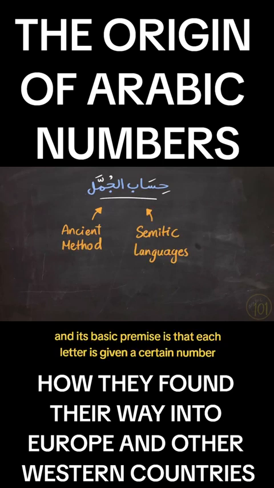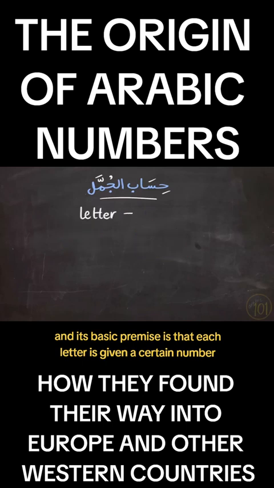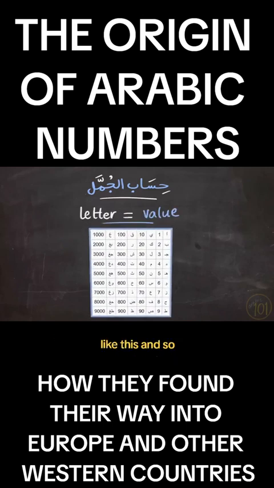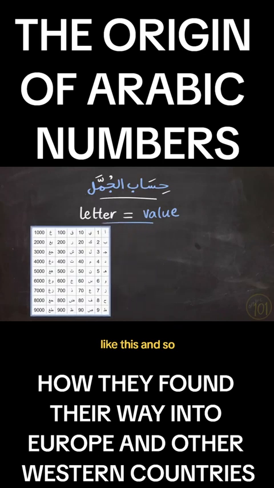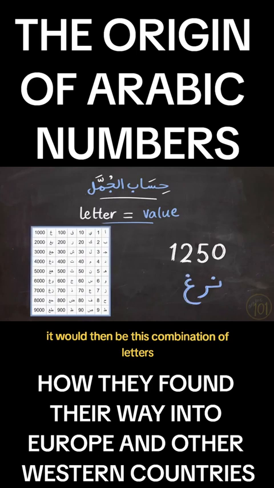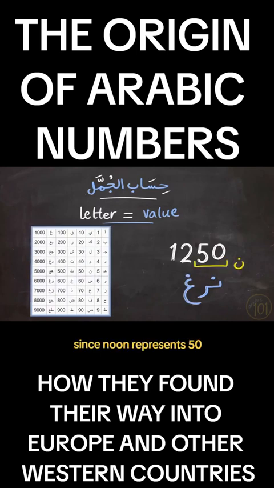And its basic premise is that each letter is given a certain number, like this. And so, if you want to say 1250, it would then be this combination of letters, since Nun represents 50, Ra represents 200, and Ghain represents 1000.